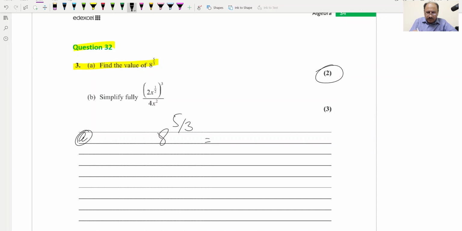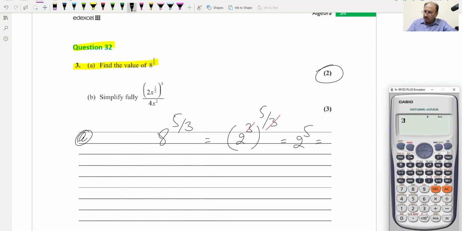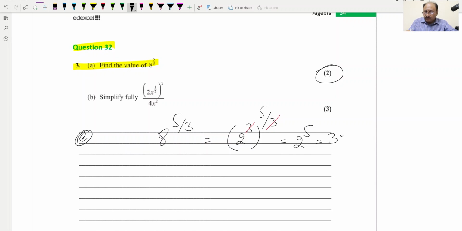We can write 8 as 2 raised to the power 3, or 2 cubed, raised to 5 by 3, and after cancellation we can write it as 2 raised to the power 5, and 2 raised to the power 5 we can write as 32. So our answer will be 32.